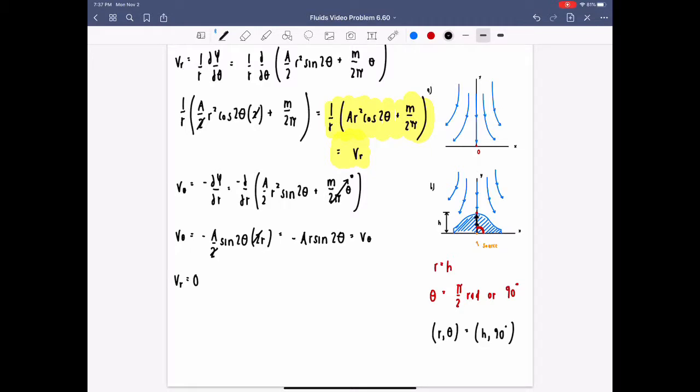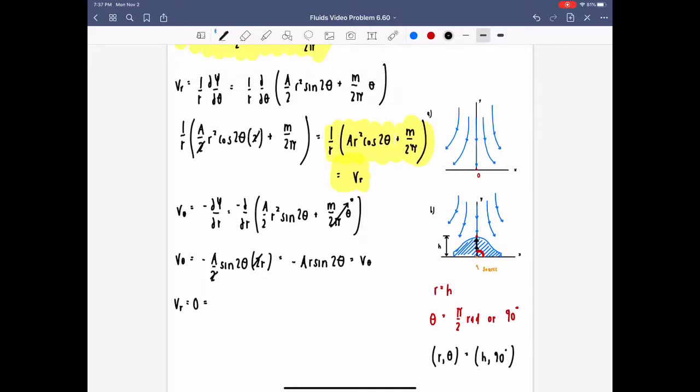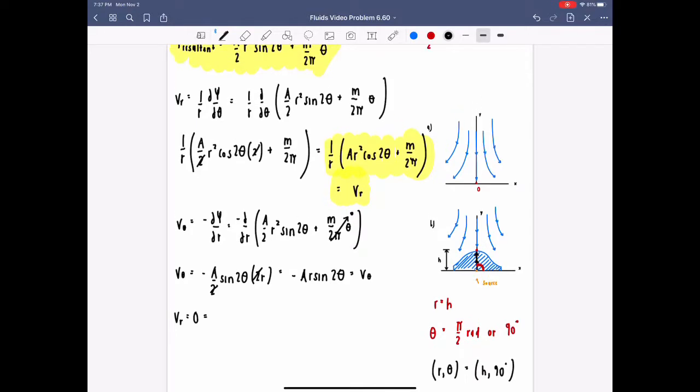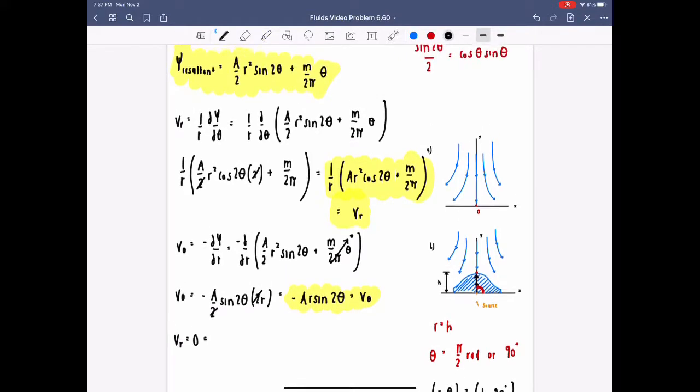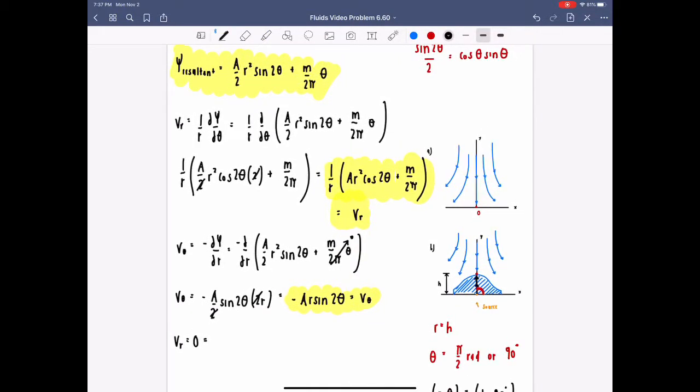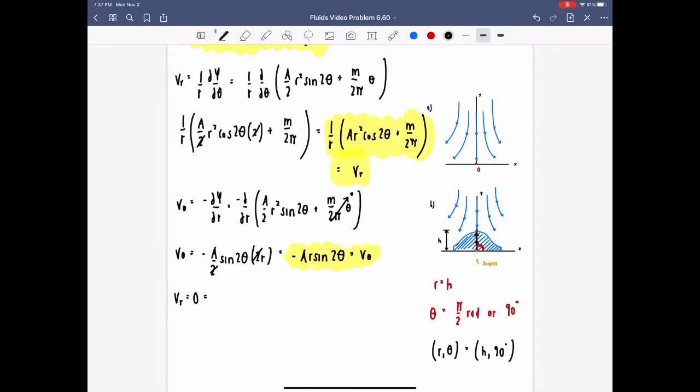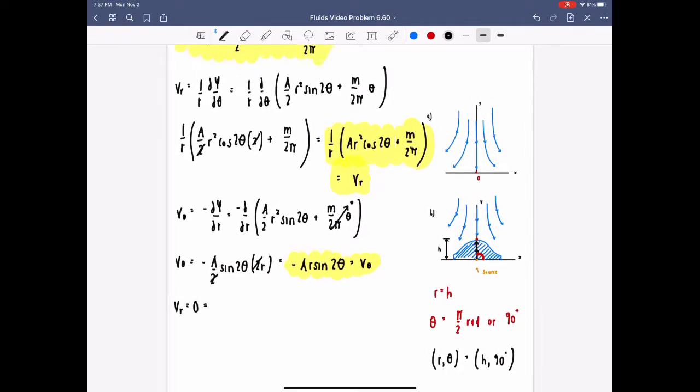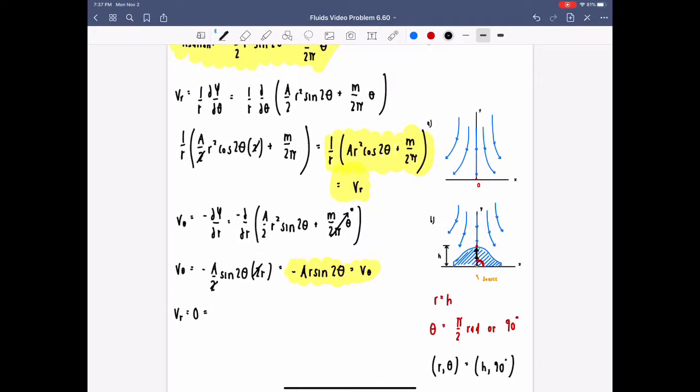So substituting in, let me highlight this equation here as well. We can sub in the r value and theta values that we have to solve the height of the bump in terms of the source strength and the constant A.